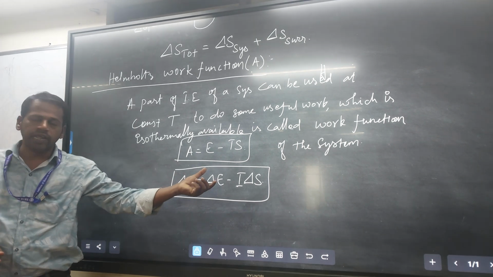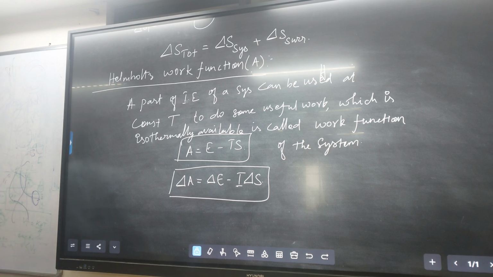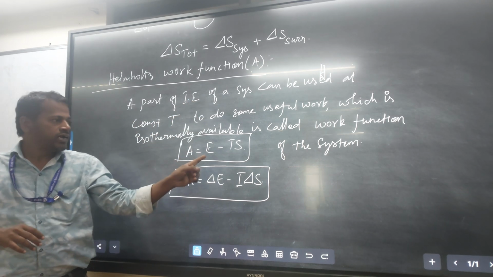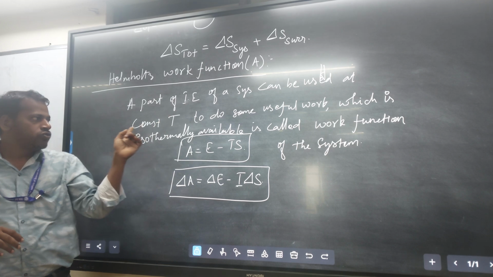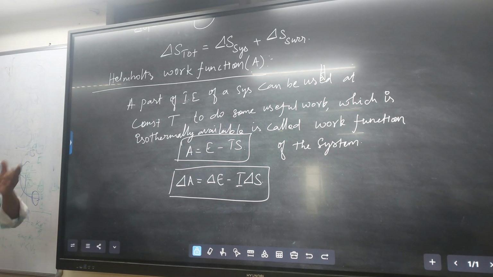A part of internal energy. We supply 100 kilojoule per mole, but not all of it is converted into useful work. Only a fraction of the internal energy can be converted into useful work, or else we get the product. So the part of the internal energy of the system that can be used at constant temperature to do useful work, which is isothermally available, is called the work function of the system.